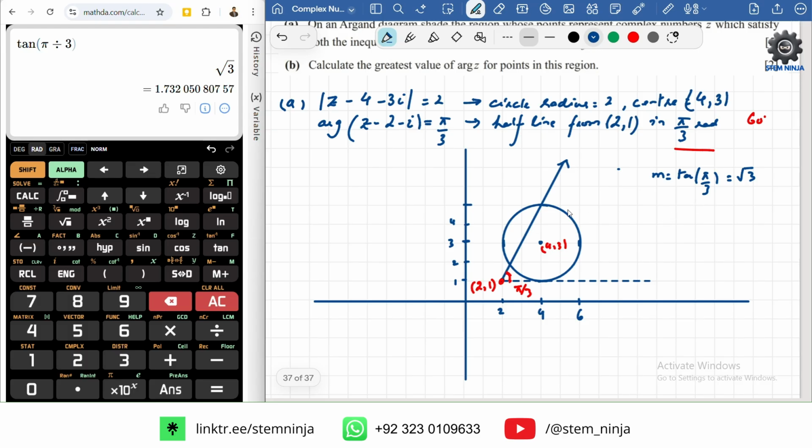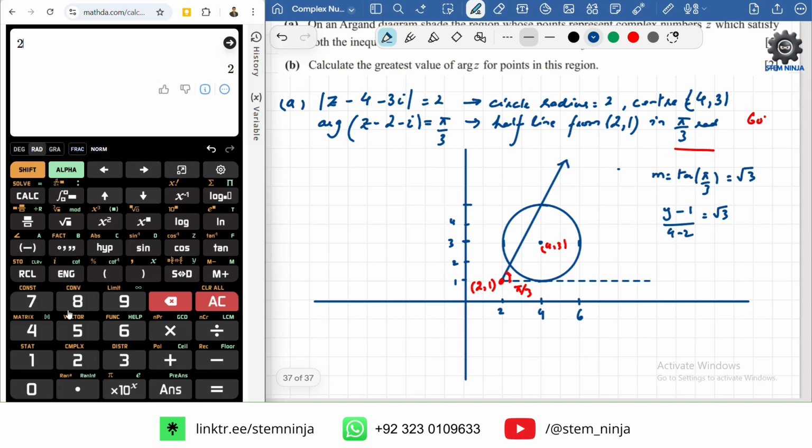Okay, so let's say you have y minus 1 over 4 minus 2 is equal to root 3. So 2 root 3 plus 1. So 2 root 3 plus 1 is 4.4.